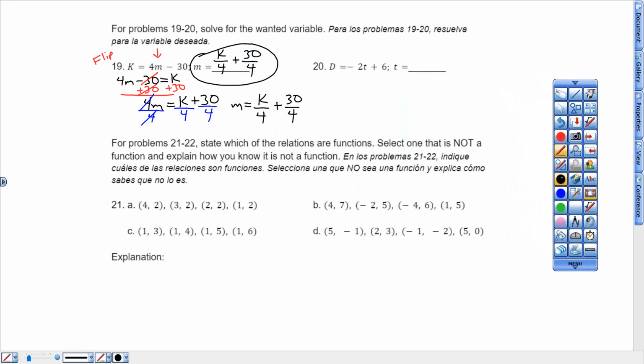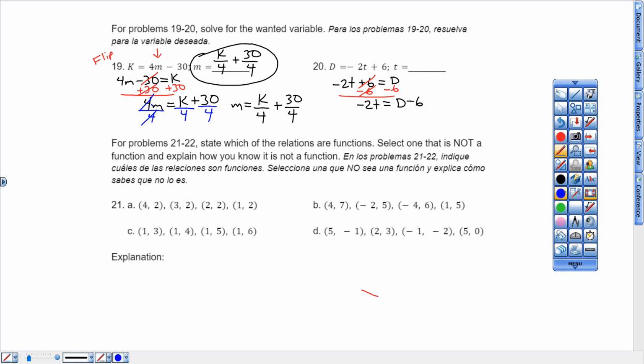So this is negative 2t equals D. And then I'm going to take away this 6 and then divide by negative 2. So that gives me negative 2t equals capital D minus 6.